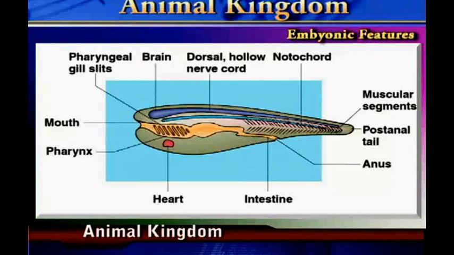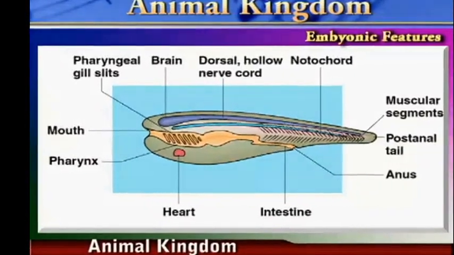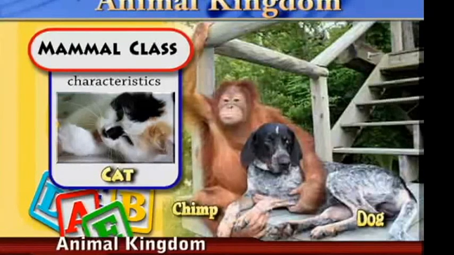And those structures we have seen: the dorsal nerve cord, the notochord, which acts as a supportive structure, and then also the pharyngeal gills, and lastly the tail. Now, you find that there are characteristics that put all organisms in this group.